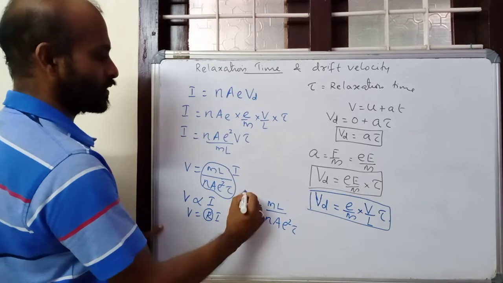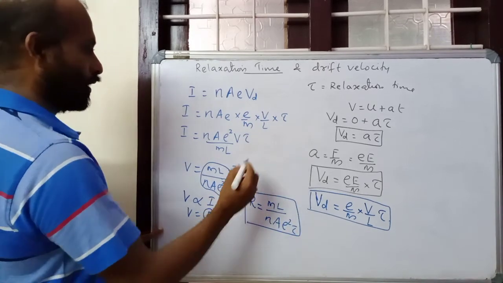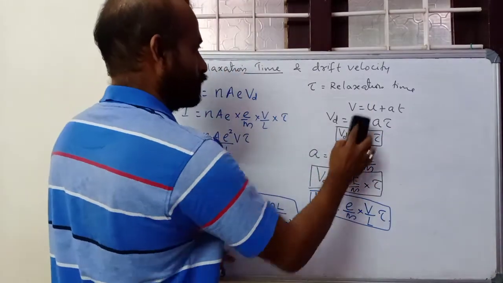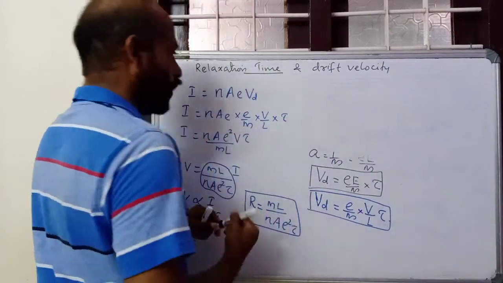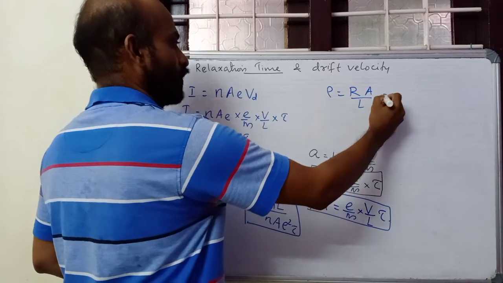This is the resistance. If we have resistance, how can you get resistivity? We know that resistivity rho is equal to R into A by L. What is R?